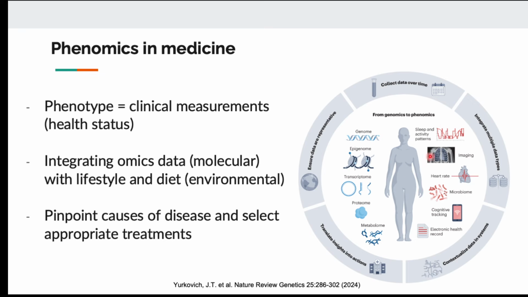But on the other hand, on the phenotype side, we can have multiple measurements all at the same time, about the health status of the patient. So phenomics wants to understand every phenotype together as a single description for a human.